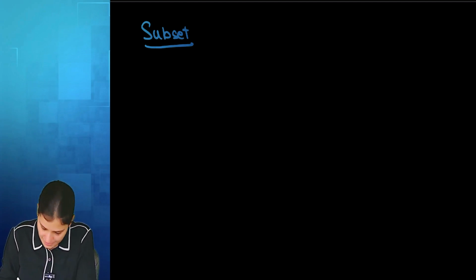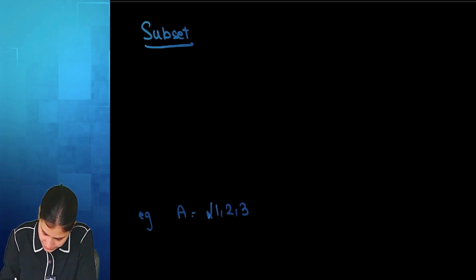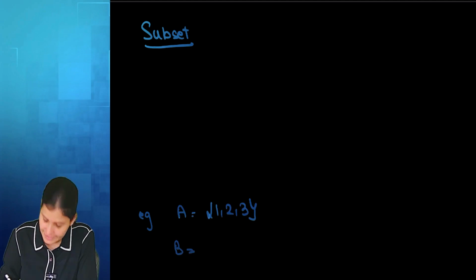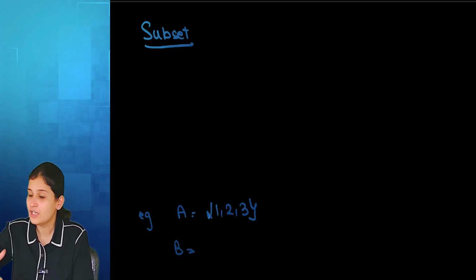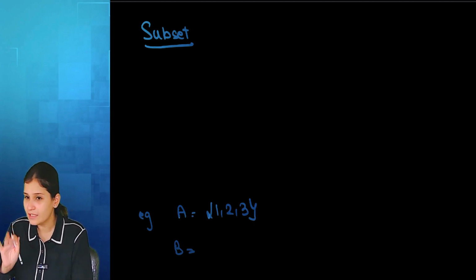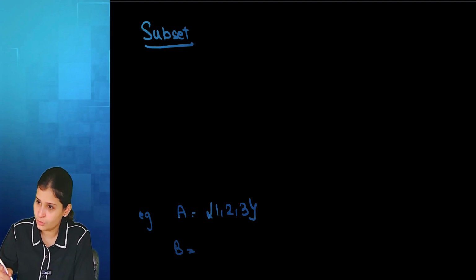So, for example, if I have a set A, 1, 2, 3, and I take another set B, which takes its elements from the set A. Set A has how many elements? 3. What are the 3 elements? 1, 2, and 3.